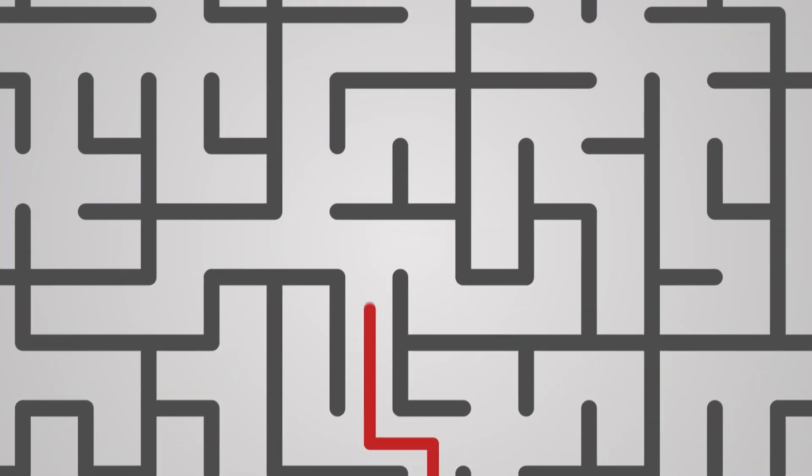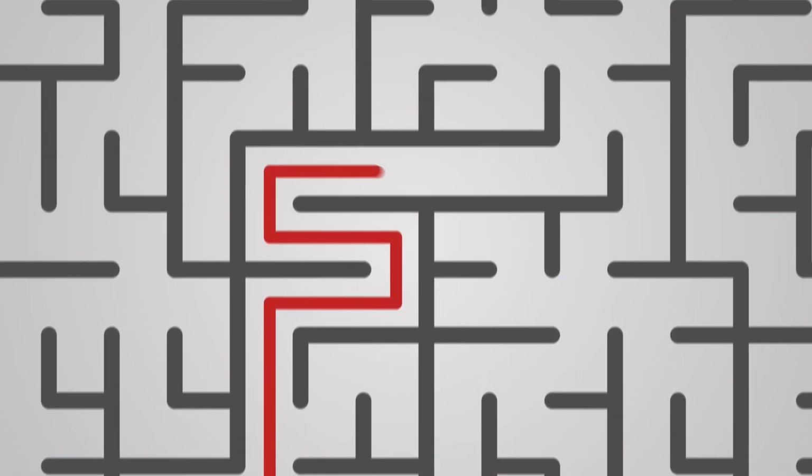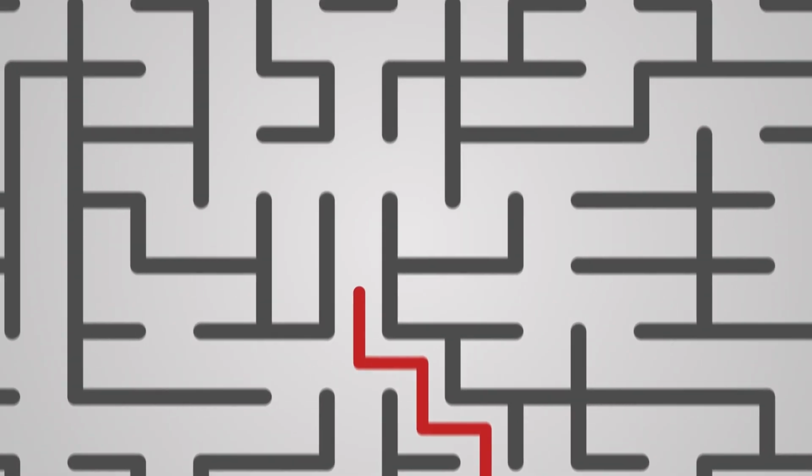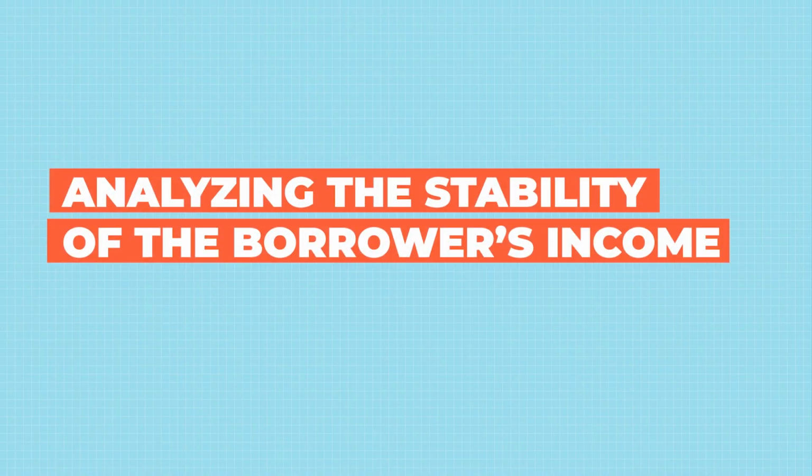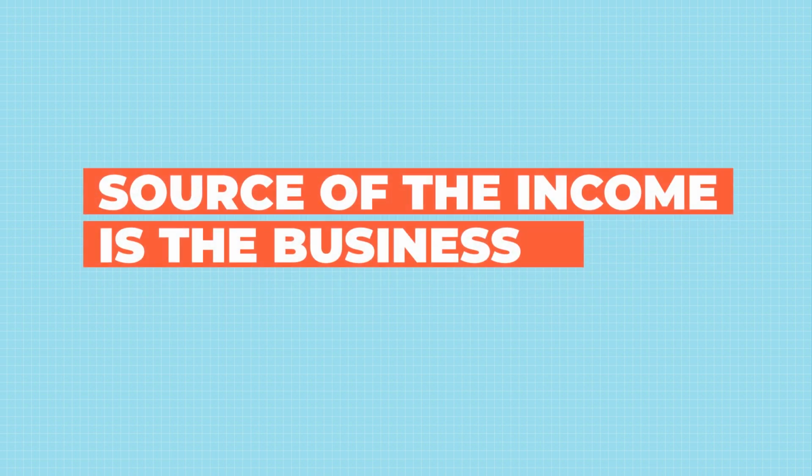As we make our way through the maze of different K-1 scenarios, remember that our concern is not to adhere to tax code or minimize taxable earnings. We are tasked with analyzing the stability of the borrower's income, and the source of the income is the business.